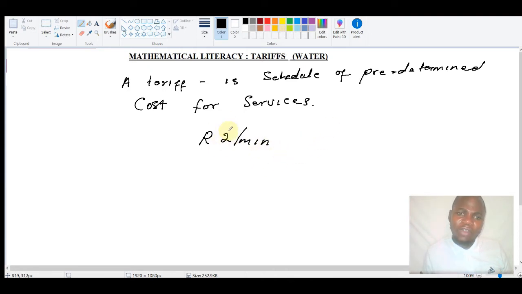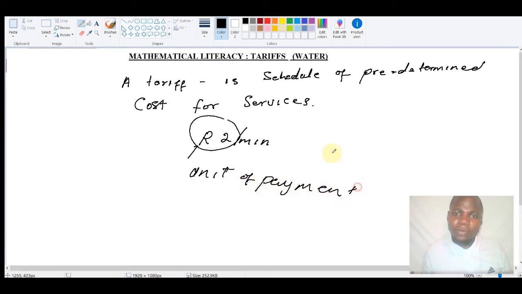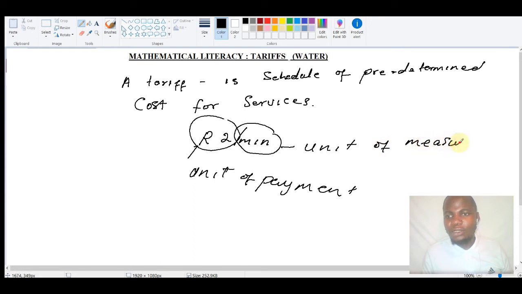Now a tariff must have a unit of payment and a unit of measurement.